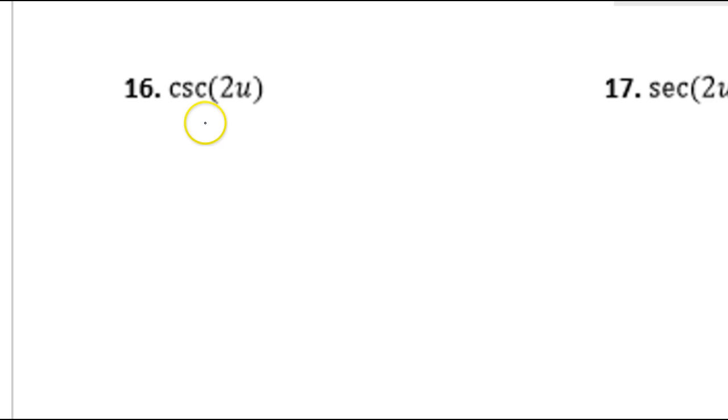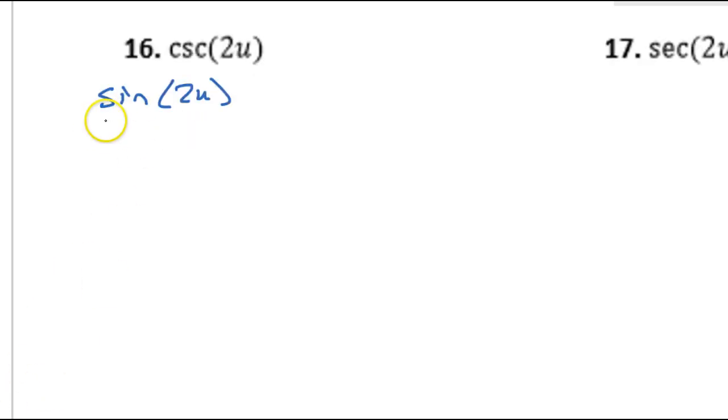Now, number 16 is asking for the cosecant of 2u. I'm going to start off by finding the sine of 2u, and then I'll simply do the reciprocal because the reciprocal of sine is cosecant. The formula for sine of 2u is 2 sine u cosine u.